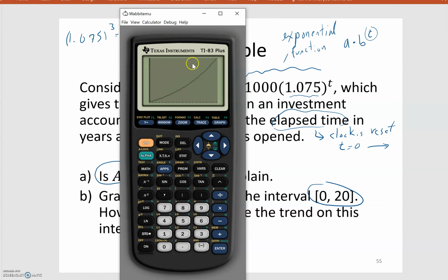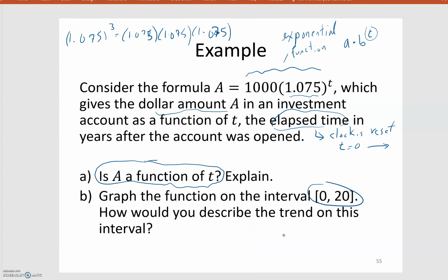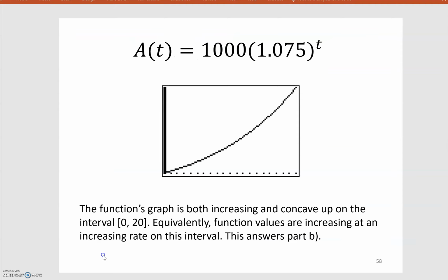So this is increasing and concave up. All right, so there's a little bit of basic work with a symbolically defined function.